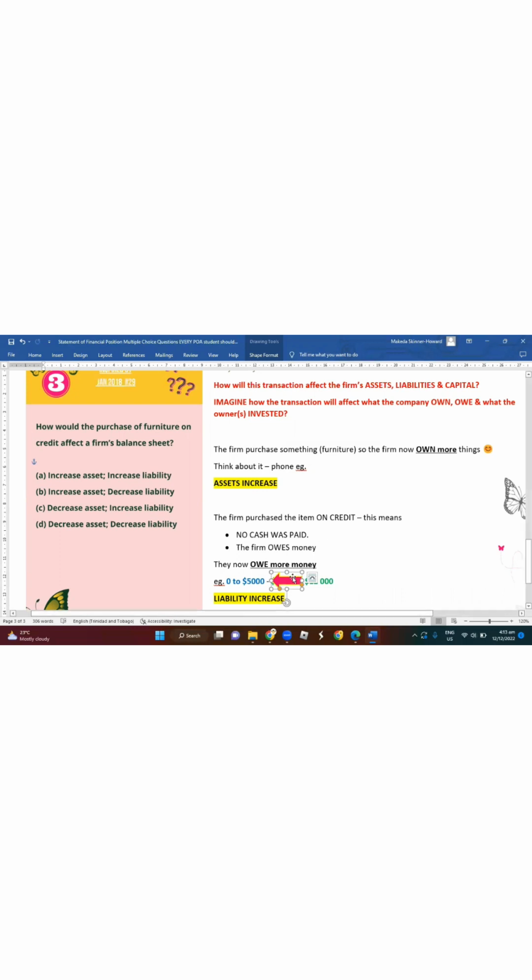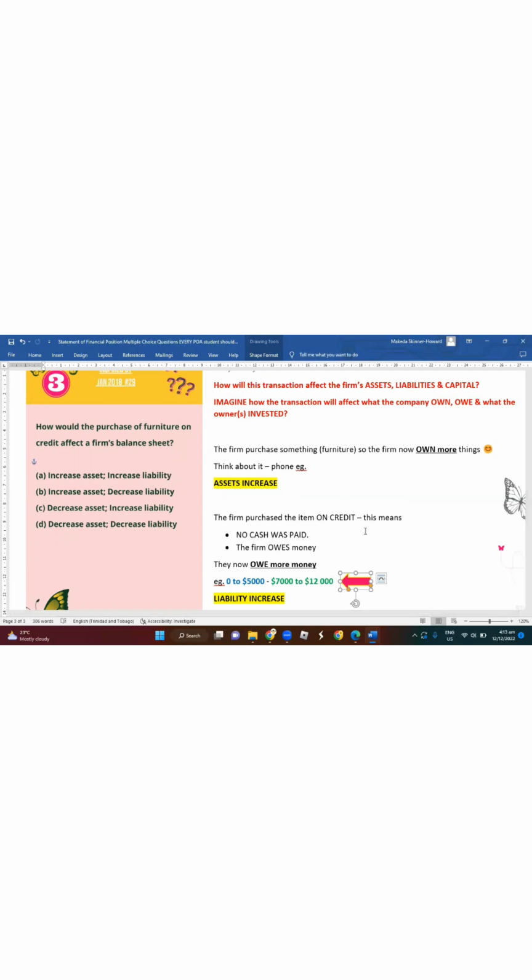All right. If they had some liability, let's say they had $7,000 outstanding to pay, and because of this transaction, which is valued at 5,000, they went from 7,000 to 12,000. You could see how the liabilities or the amount of money they owe increase, right? So once they purchase something on credit, this is equivalent to like a loan basically, because now you have money to pay.